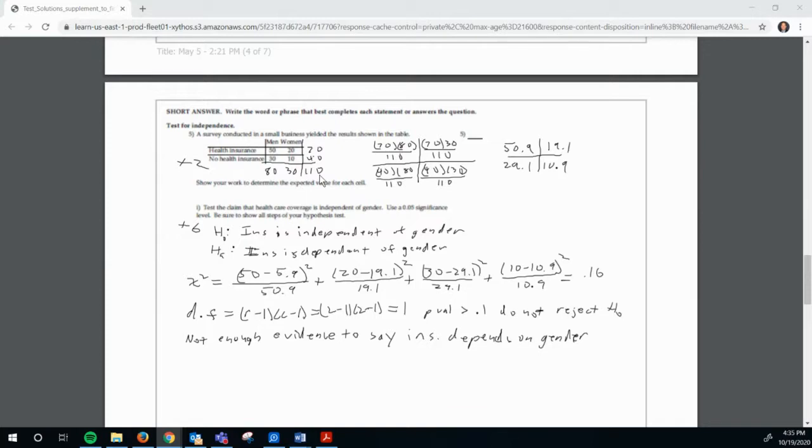Now, this is a little different. This is when we do the given, okay? What's the probability that the person has health insurance given it's a man? This is a little tricky. I'm going to say that again. What's the probability that the person has health insurance given it's a man?